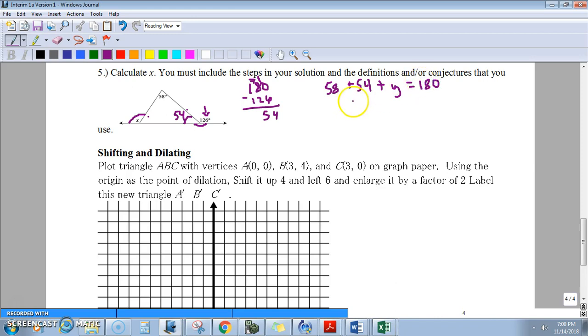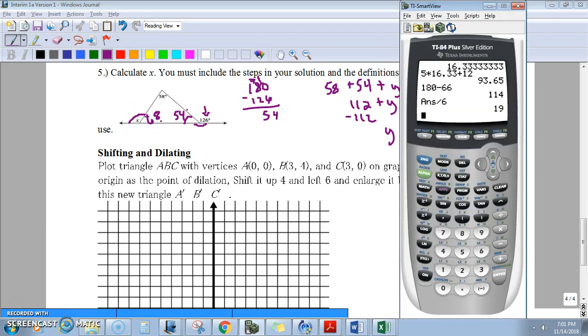So 58 and 54 is 112, plus y equals 180 minus 112 on each side. And y is equal to 180 minus 112, which is 68. So this is 68.